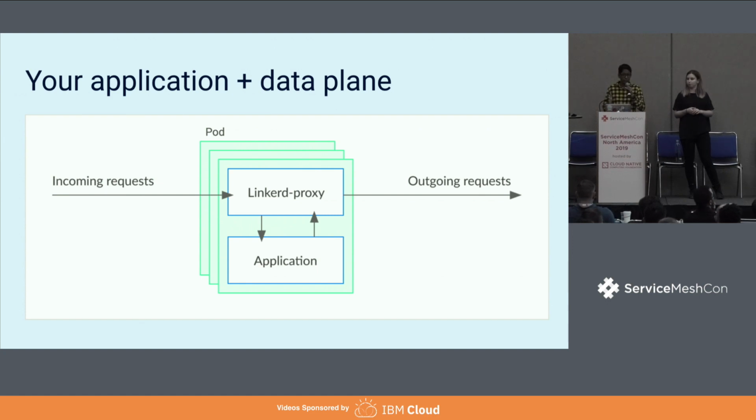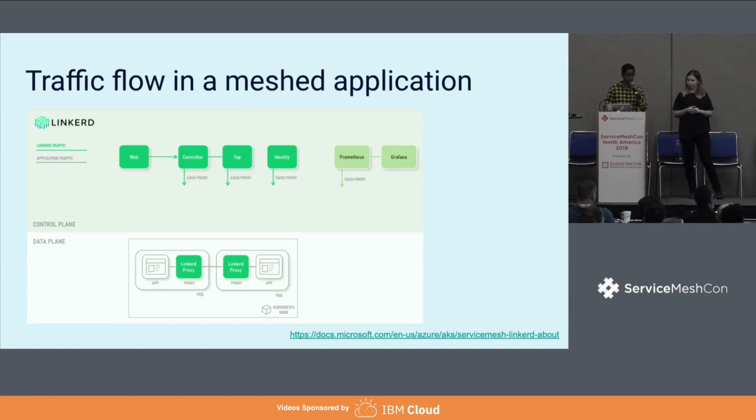So this addition of the series of proxies next to your application, that's the data plane. You can see the data plane at the bottom of this diagram. At the top is a control plane, which is responsible for interacting with the proxies and also for getting data from them.